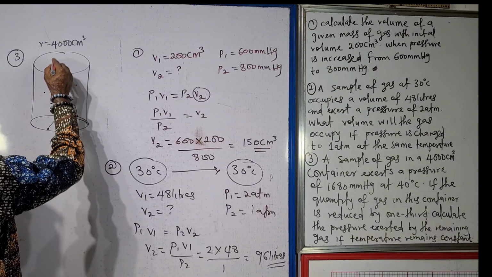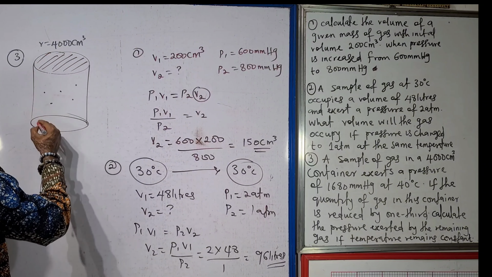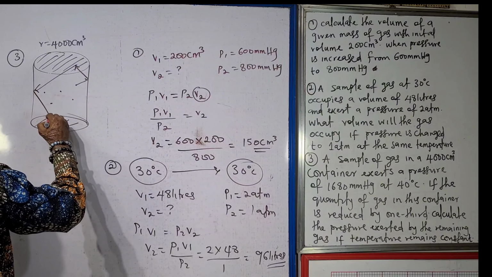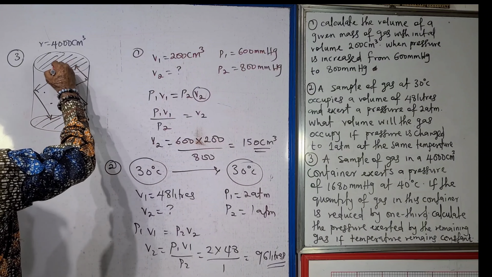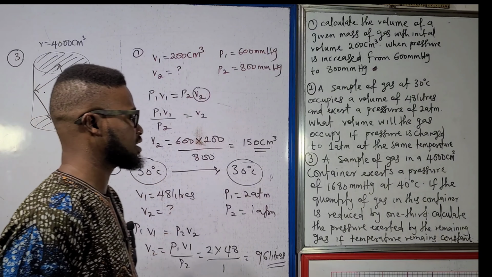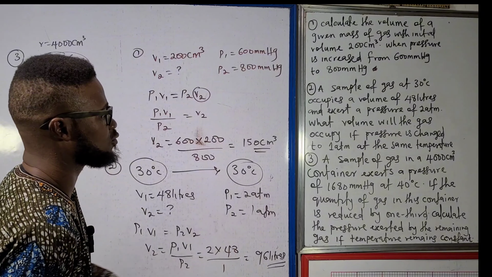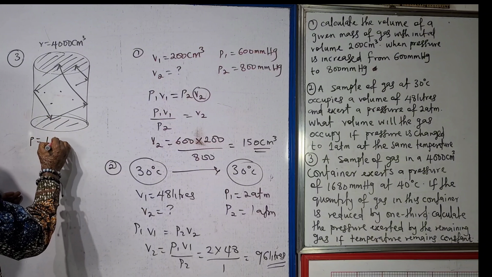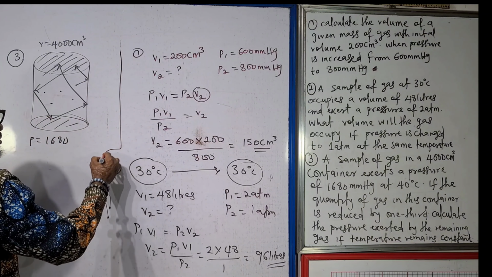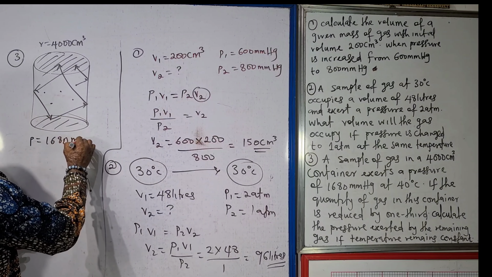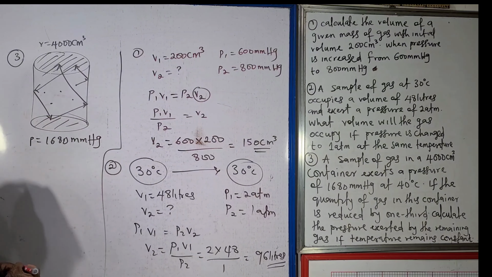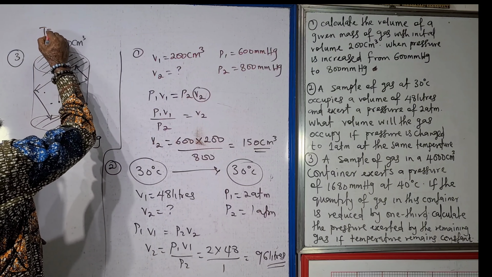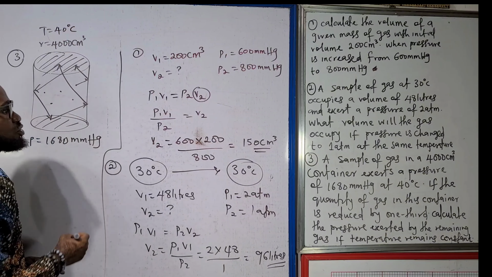It means I have gases in here, and the gases bombard the walls of the vessel. It means the pressure here is 1680 millimeter mercury, at a temperature of 40 degrees Celsius.